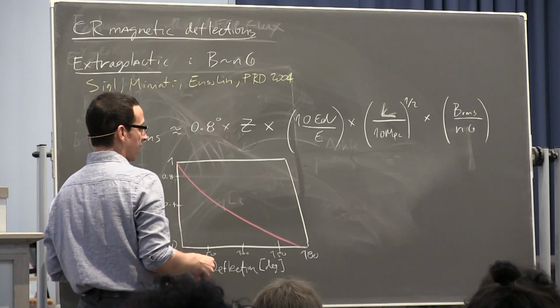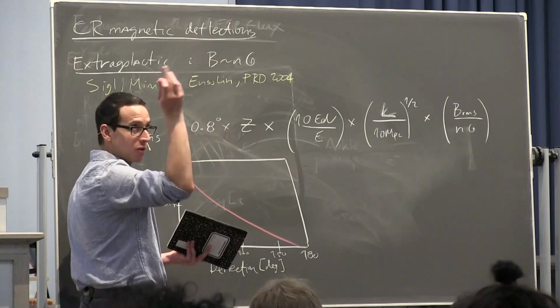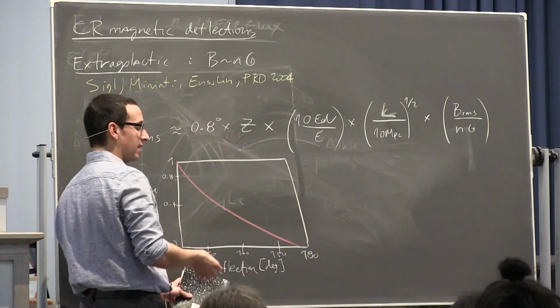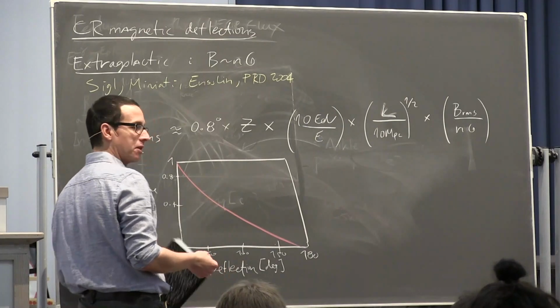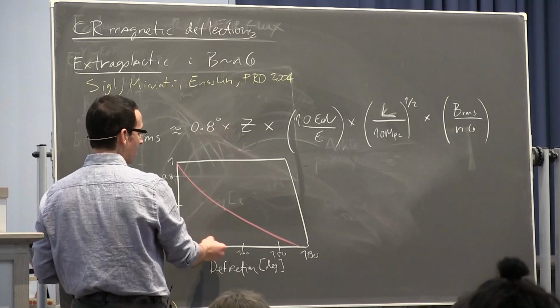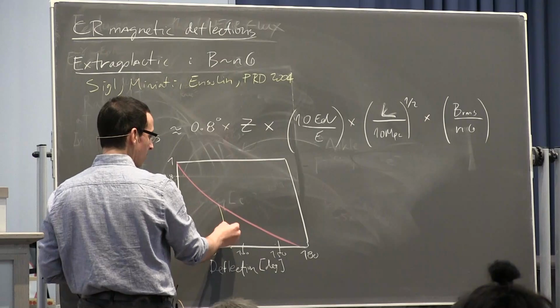That means that the most likely value, if you were to sample any cosmic ray from that simulation, will be a deflection close to 0. But if you were to sample many, then you will end up in some cases with deflections of up to tens of degrees or so.